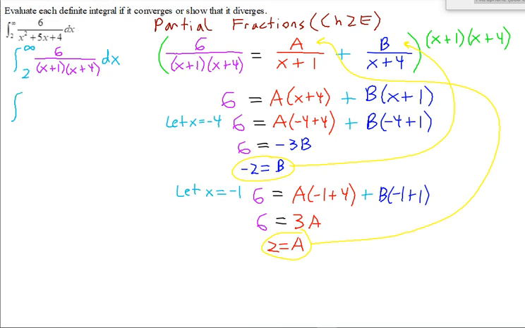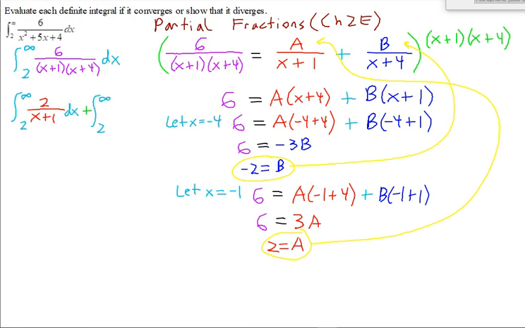So the only difference from what we did earlier this year is now we have an infinite limit here. So 2 to the infinity. A, we figured out, is +2. So 2 over x plus 1 dx plus the integral again from 2 to infinity.